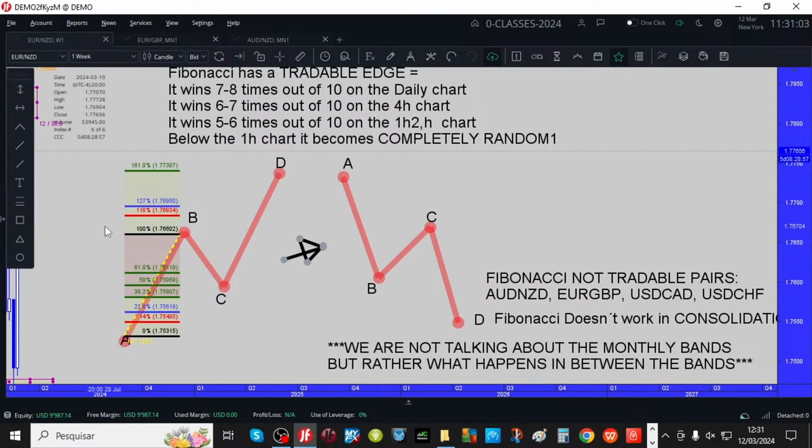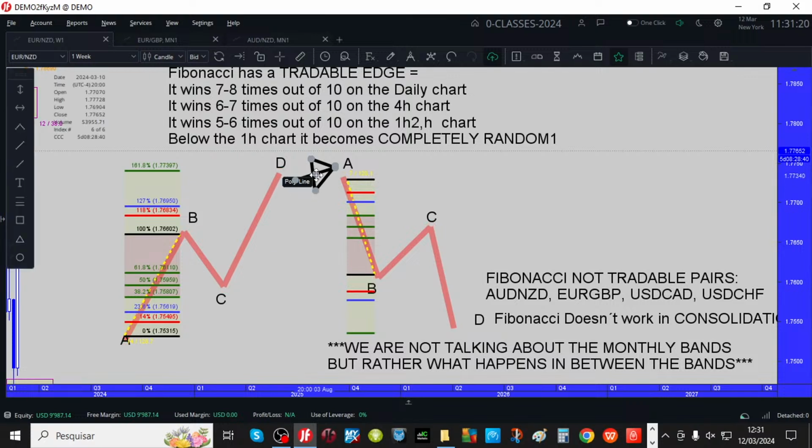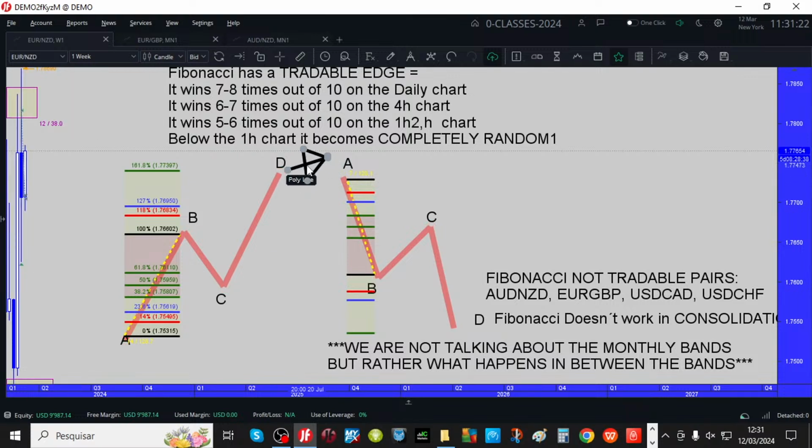Alright? Now, in a down Fibonacci sequence, what's the A? The A is the highest high, the absolute high, the first high, the starting point of something, could be a pattern or something.